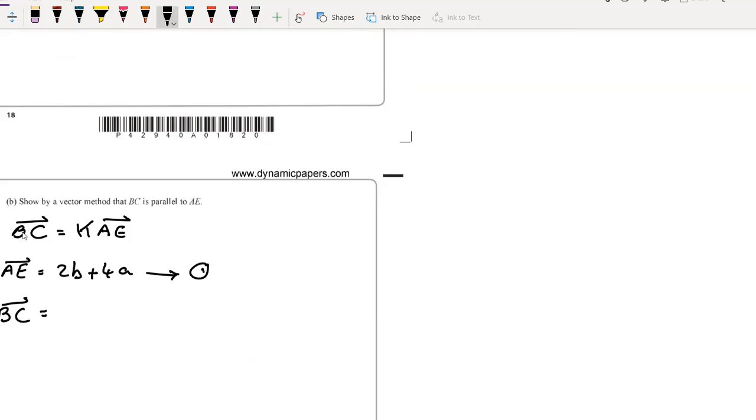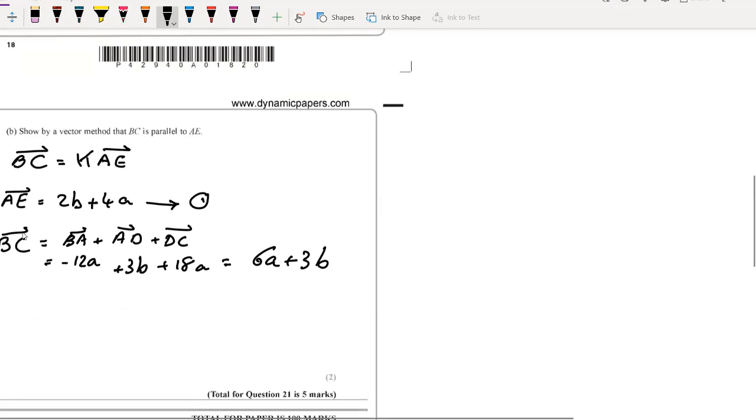BC vector is equal to BA vector plus AD vector plus DC vector. BA vector is minus 12a. AD vector is plus 3b. And DC vector is 18a. All of this is on the diagram. The sum of this after I simplify is 6a plus 3b.